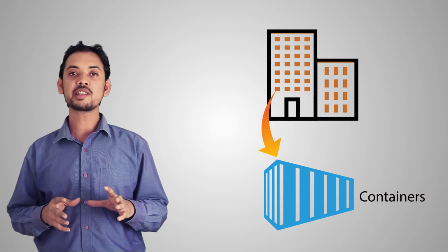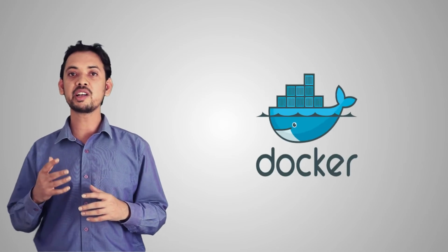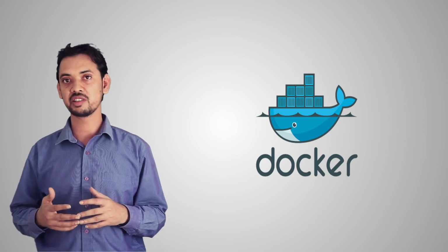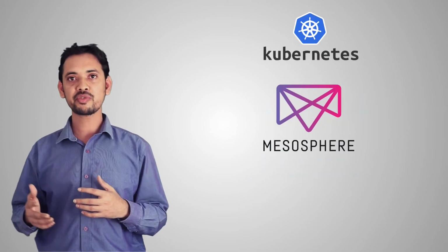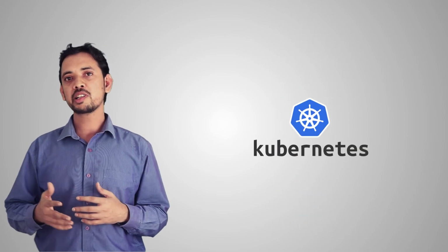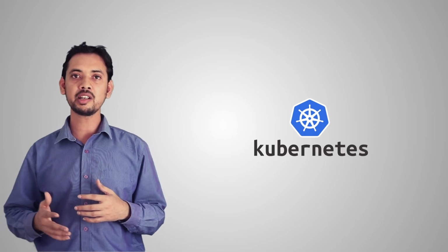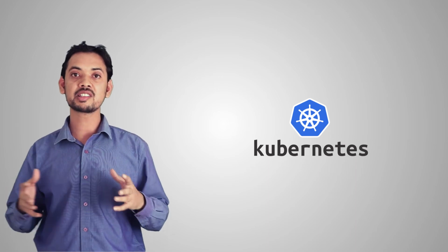Though the concept of containers was already there even within the Unix operating system, Docker popularized it. Docker made containers very easy to create, delete, and manage. Now there are various other implementations of containers coming from Google, Mesosphere, Docker itself, and so on and so forth. Docker and Kubernetes are container management systems. They enable you to create containers not only on one single server, but on a cluster of various servers.